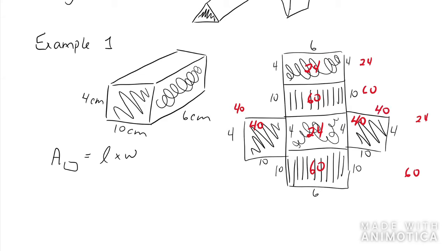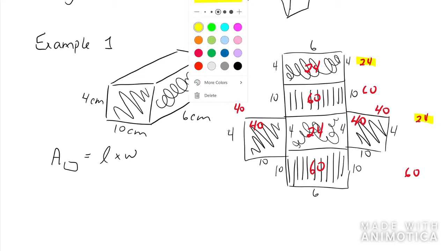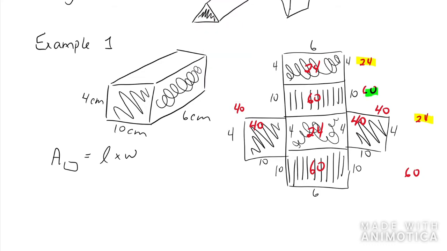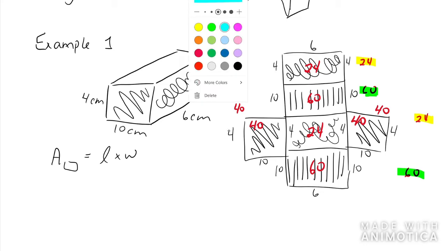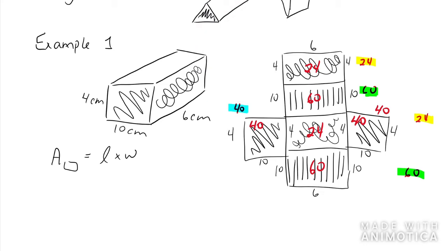So if you look, we have 24 and 24. We have 60 and we have 60. And we have 40 and we have 40. Which is exactly what we were talking about the other day. The front will be the same as the back, the top will be the same as the bottom, and one side will be the same as the other side when it comes to a rectangular prism.